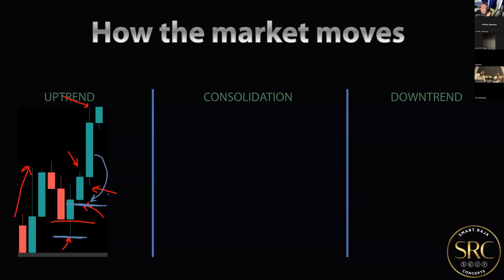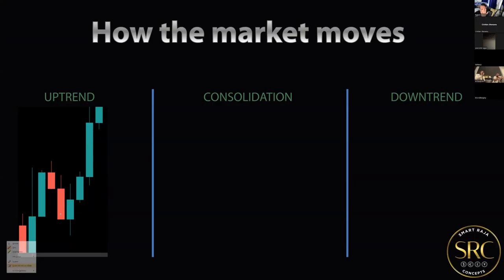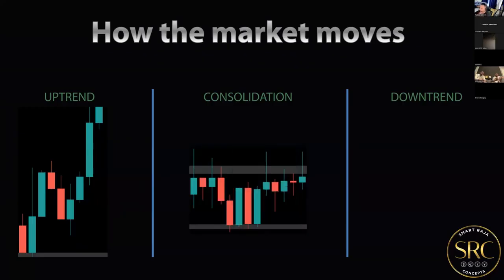Always, your stop will go below the previous 30-minute or 1 hour candle. So an uptrend is where price makes higher lows and higher highs. Very simple, only based on candles. We're only going to be looking at market structure, and only at the candles themselves.